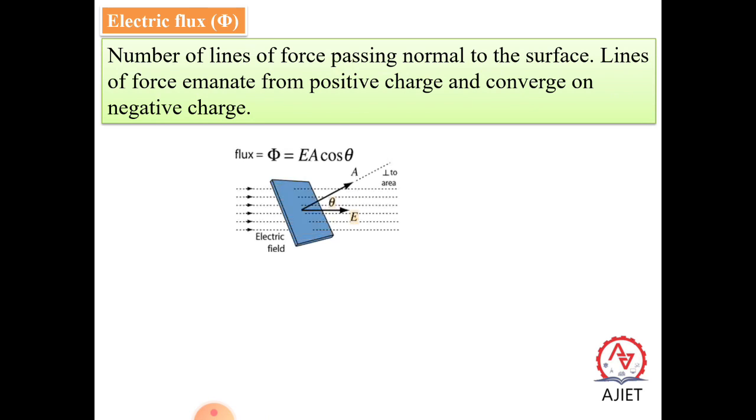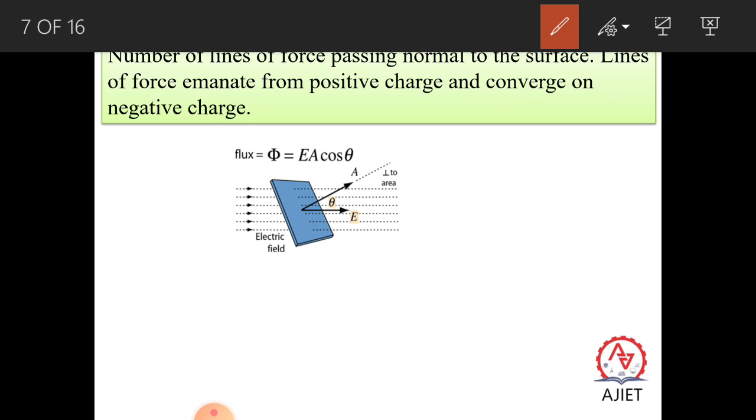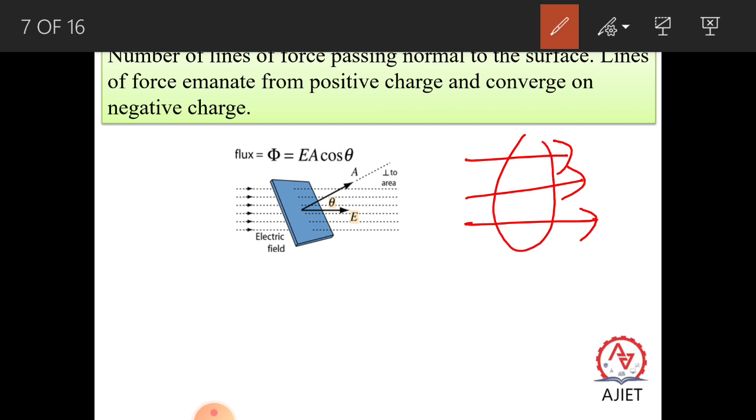So in the diagram it is very clear. You take a small area like this and calculate how many lines of forces are passing through this area, which gives you the electric flux.